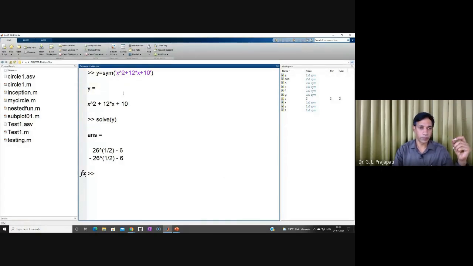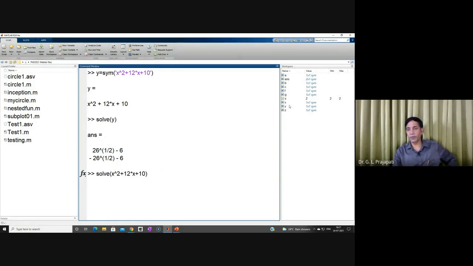So here, if you have defined the expression y using sym, then you can get it like this. Otherwise, you can also do it like this. Since x is the symbolic variable, if you are using x, then it is automatically symbolic, so just simplify this.